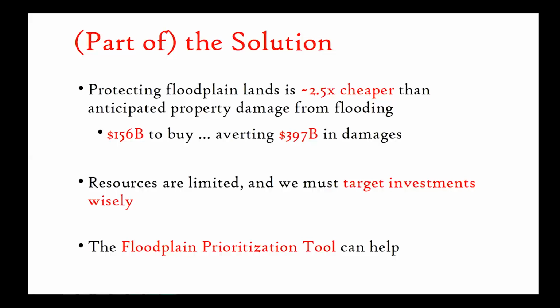So it's 2.5 times cheaper to protect the land than to recoup all the flood losses that you would eventually see if you built on it. But most of us don't have $156 billion lying around, so resources are limited. So if we want to protect and restore floodplain, where should we do it? And that's where this tool can hopefully help.